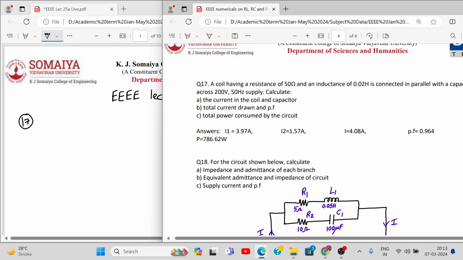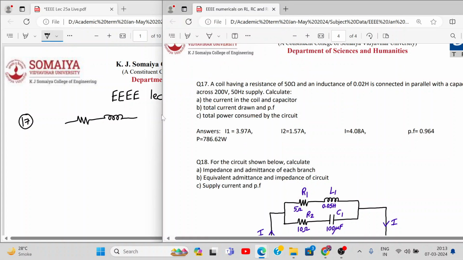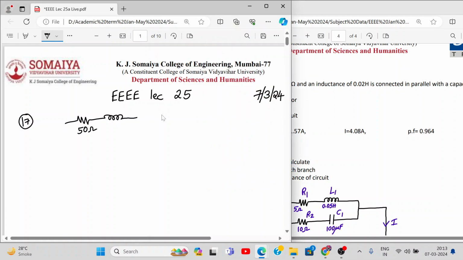A coil having a resistance of 50 ohms and inductance of 0.02 Henry is connected. So these two are a coil, right? What do you mean by a coil? We have a resistor and we have a series inductance. What are the values? 50 ohms and 0.02 Henry.